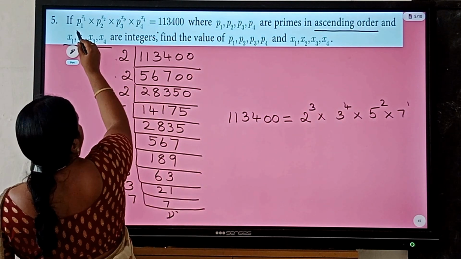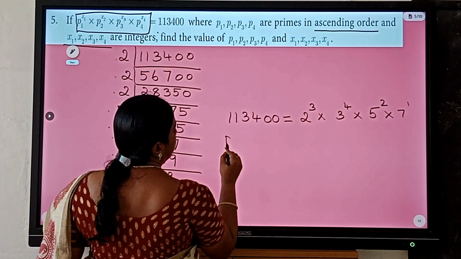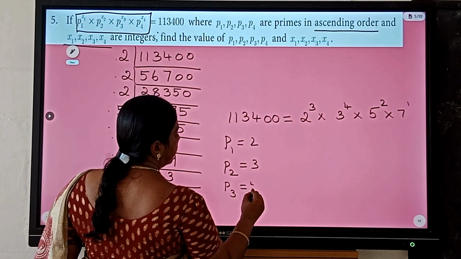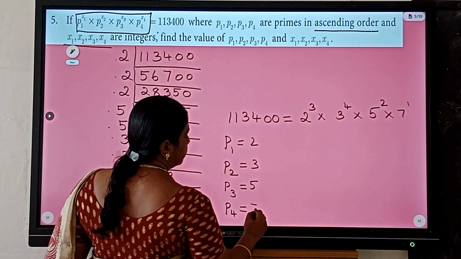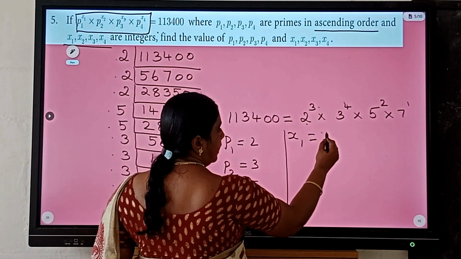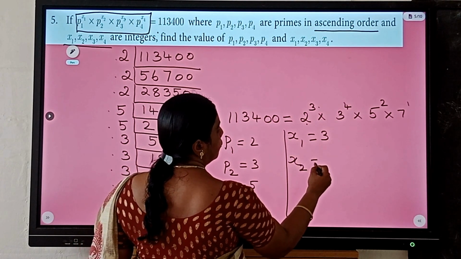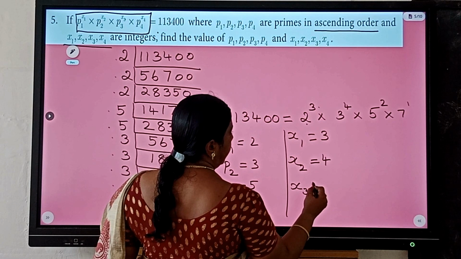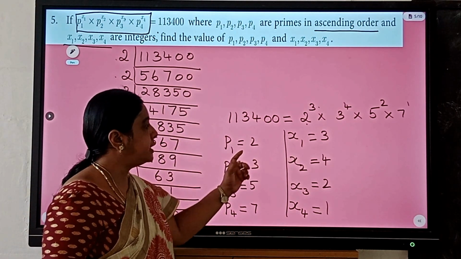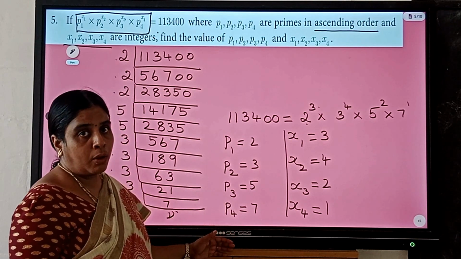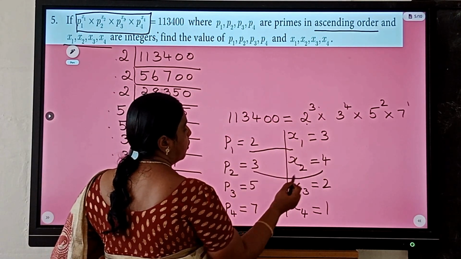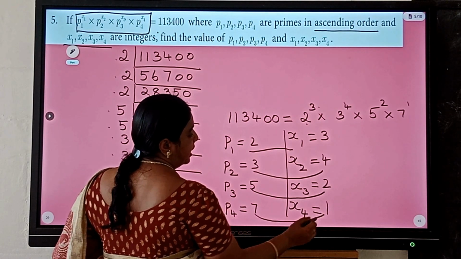Now when comparing with what they have given, we can write the values of P1 is 2, P2 is 3, P3 is 5, P4 is 7. The power of 5 is 2. The power of 7 is 1.